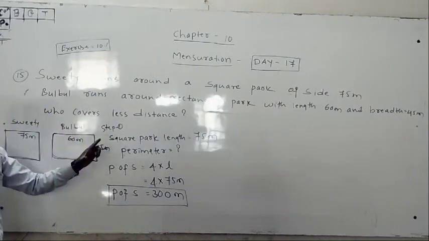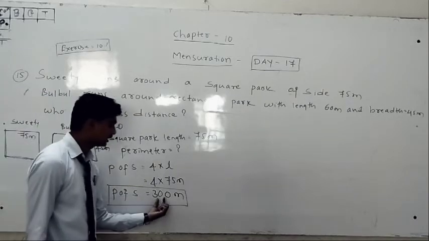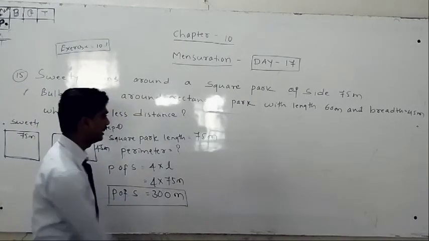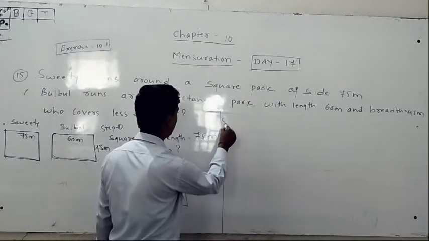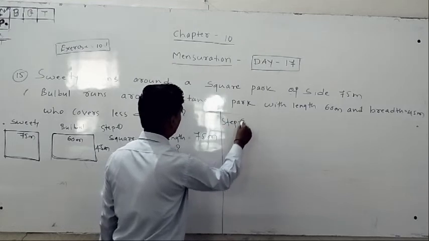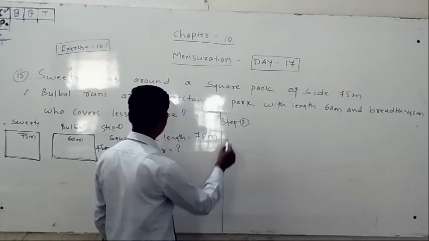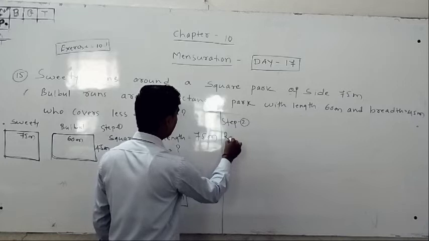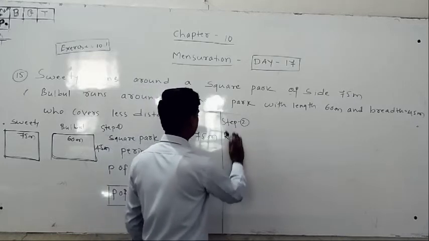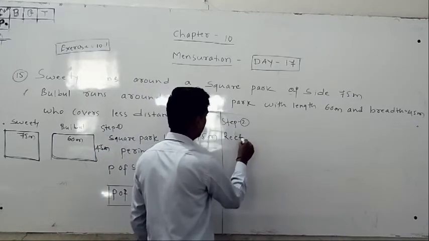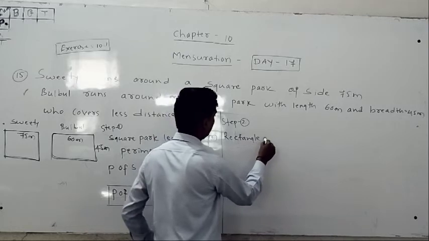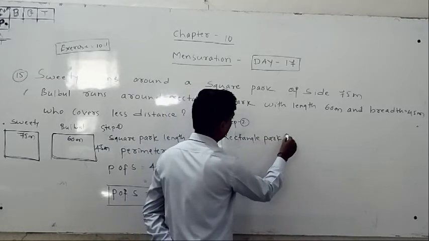Sweetie runs how much meter? 300 meter. Then we have to do the second step. Step 2. Rectangle park length.